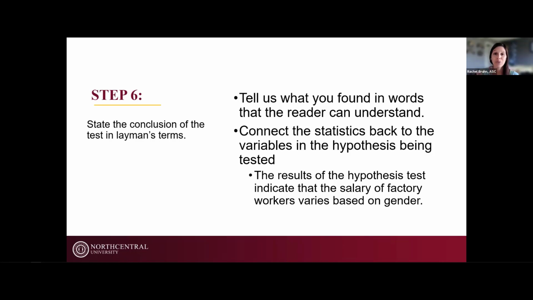You know, with a two-way ANOVA, you've got two main effects and an interaction effect that you're looking at. So you could have multiple statements of your conclusion here. But the biggest piece is that you are able to pull that back to the variables that you were researching, tying into kind of the hypotheses that you stated, and including those variables when you're talking about the results of your test.